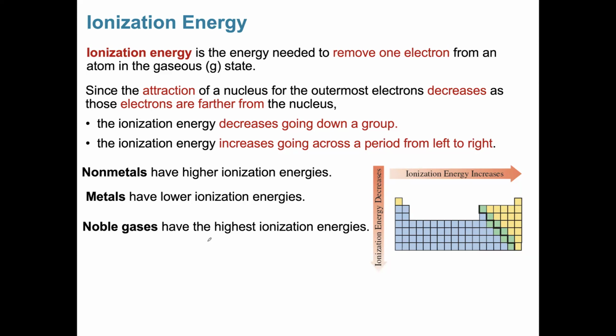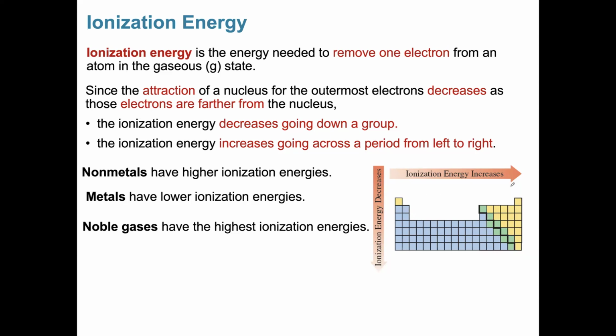The ionization energy decreases going down the same group. This is because going down a group, the atomic radius increases, so the attraction from the nucleus to the electrons decreases, and the ionization energy decreases.